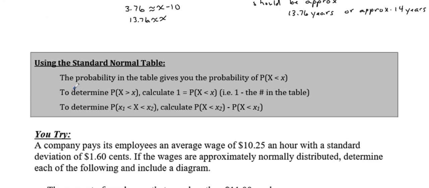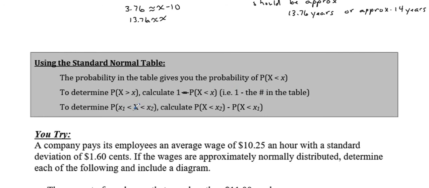So what you want to remember is if you are trying to find the probability that your random variable is less than a number, you use the number in the table. If you are trying to find the probability that your random variable is greater than a number, it's 1 minus the number in the table.